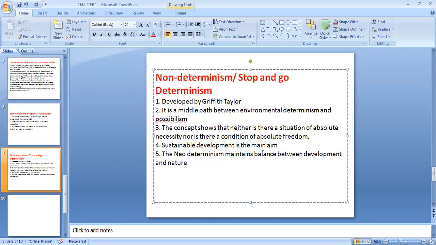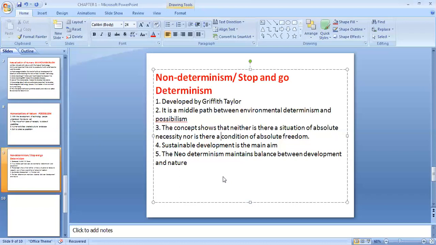Like that, this stop and go thing is there. So it is known as stop and go determinism, or scientific determinism. So this is about neo-determinism. Neo-determinism is totally a new approach to study human behavior.